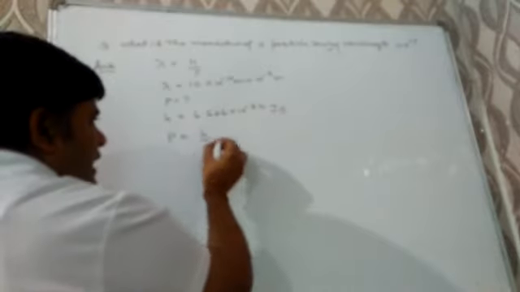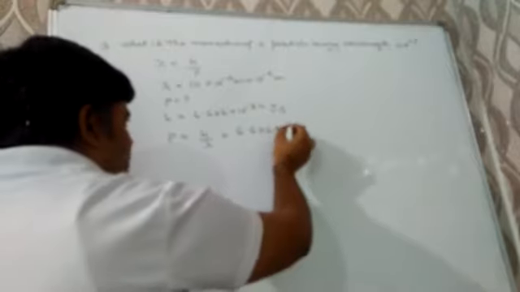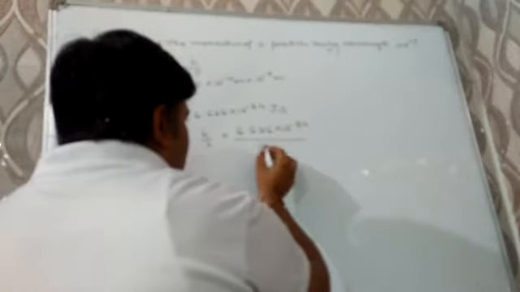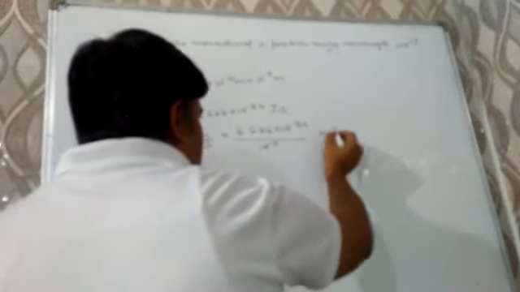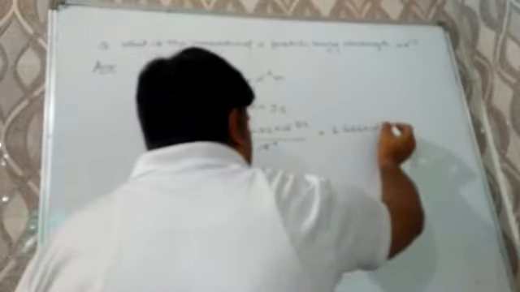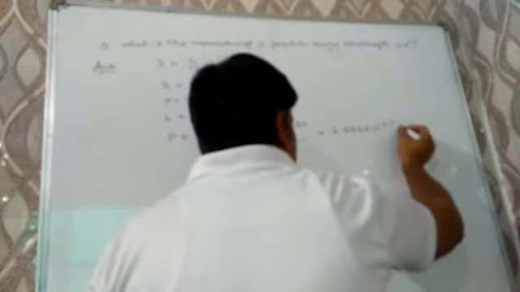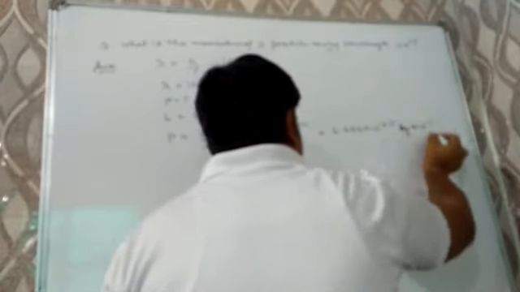Putting this value here, p will be equal to h by lambda, that is 6.626 into 10 to the power minus 34 over 10 to the power minus 9, and that comes out to be 6.626 into 10 to the power minus 25 kilogram meter per second.